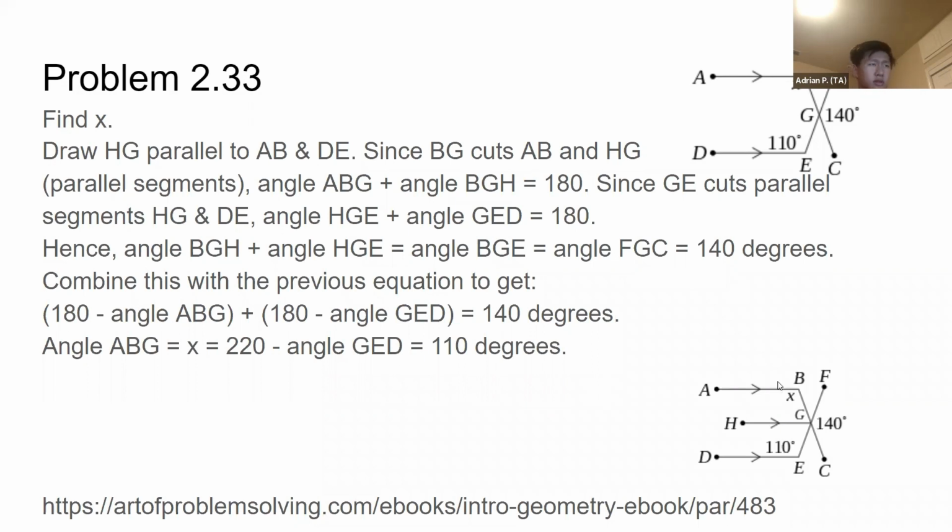Since this is similar to a parallelogram structure, the two angles that aren't equal to each other will add up to 180. So if you have this angle, which is 140 cut in half, which is 70, then you have x equal to 180 minus 70, which is 110.